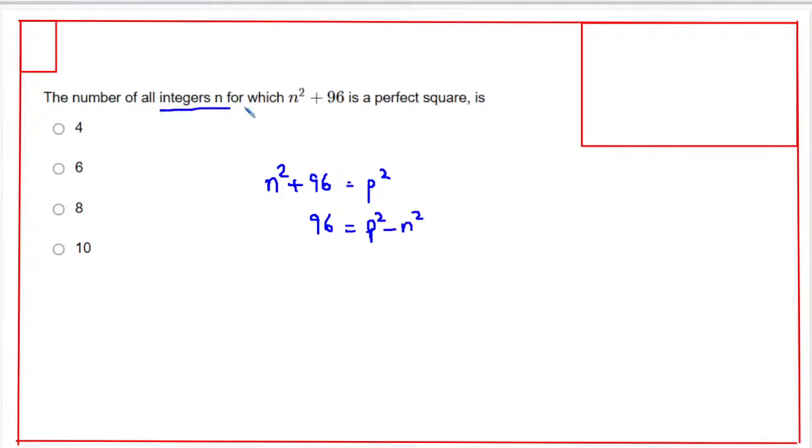Now n is any integer. It can be negative, positive, whatever. Such type of question can be solved if I assume it is p minus n and p plus n and factorize 96.